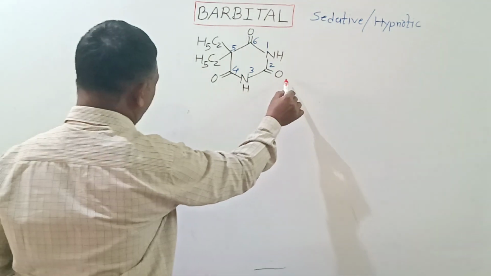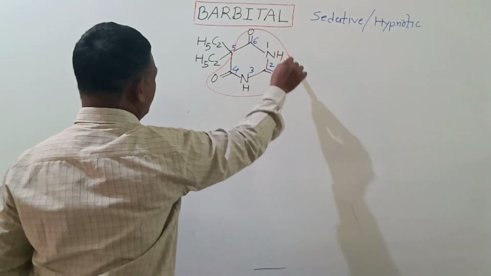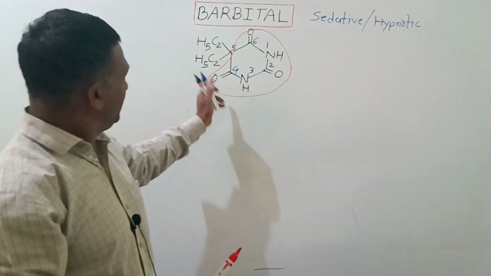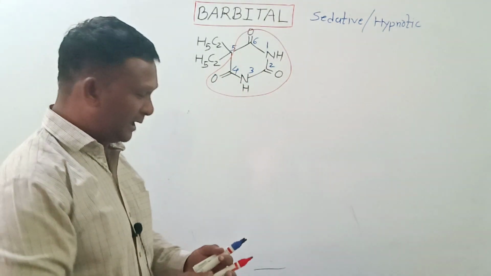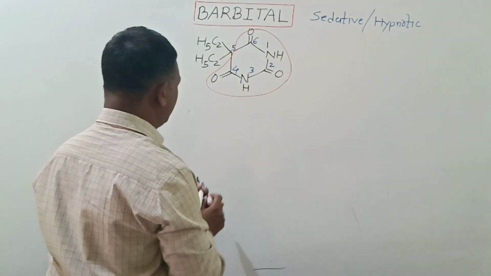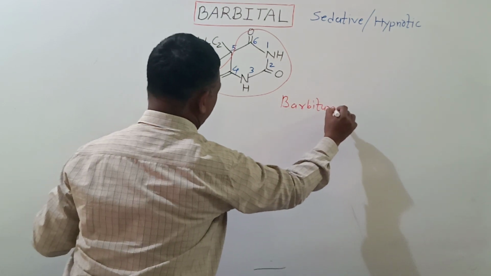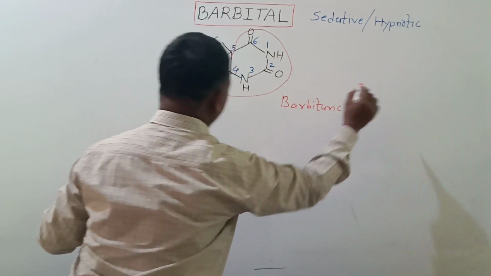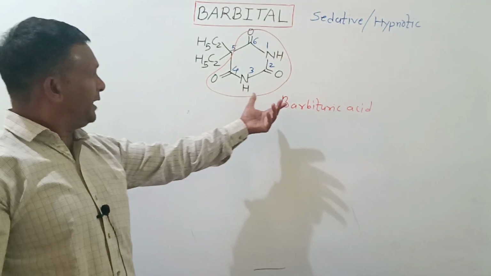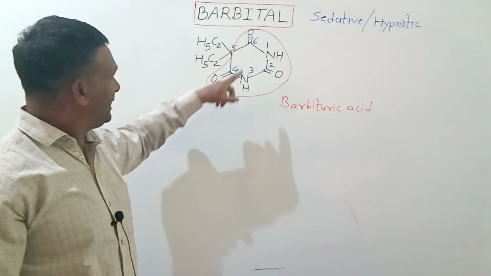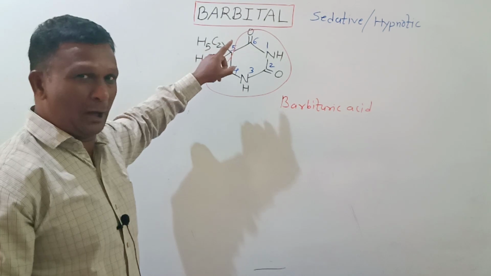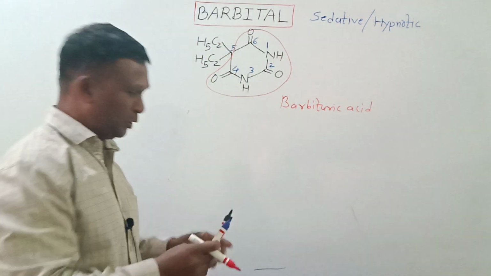Now this whole portion is called barbituric acid. So in barbituric acid, at position number 5 we have 2 ethyl groups.